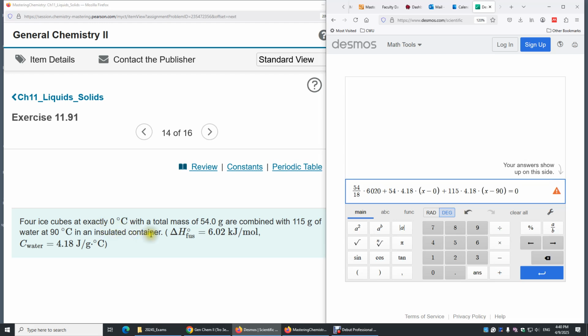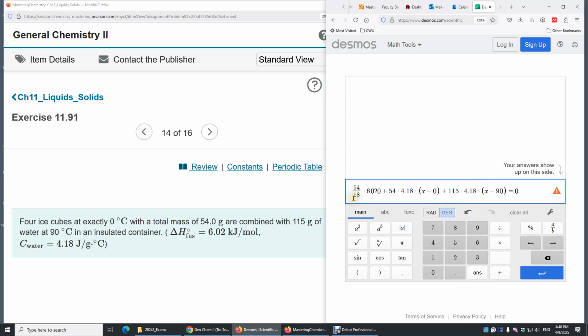Isolated container means there's no heat flowing in or out of the container. Overall, the amount of heat that flows into the ice cubes is equal to the amount of heat that flows out of the hot water. So we'll just solve this equation, and that'll be it.